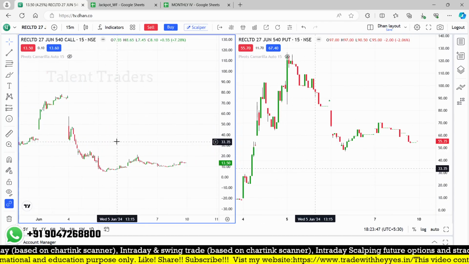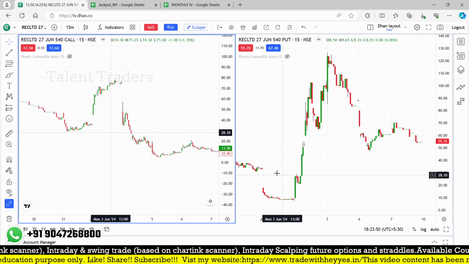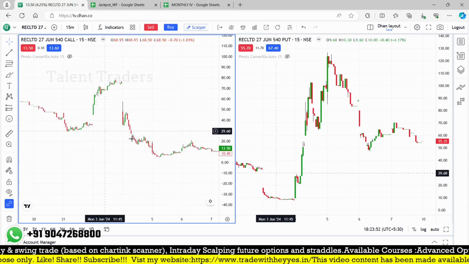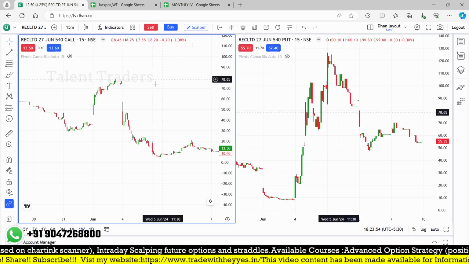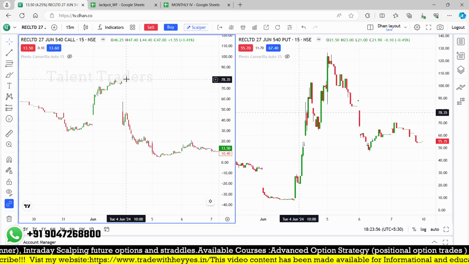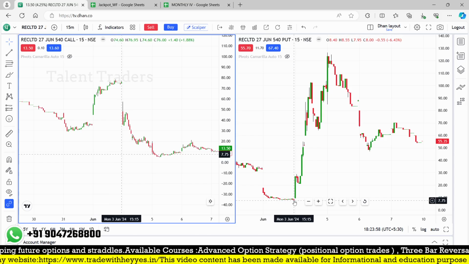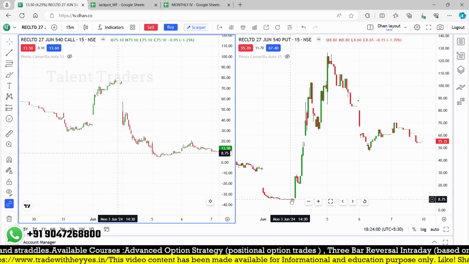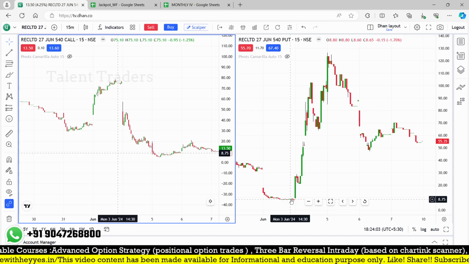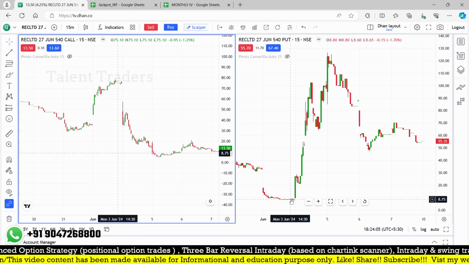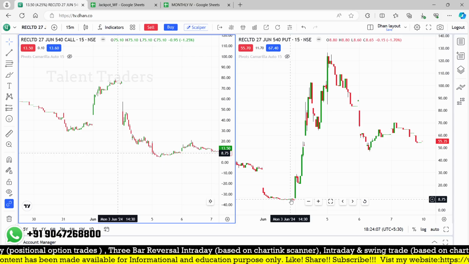Let me check this. Here the premium for the call option is almost 35 and the put option is almost 33. After that it went up to 78, and this time the put moved to a maximum low of 7 rupees. So the premium increased, 78 plus 7, almost 84.